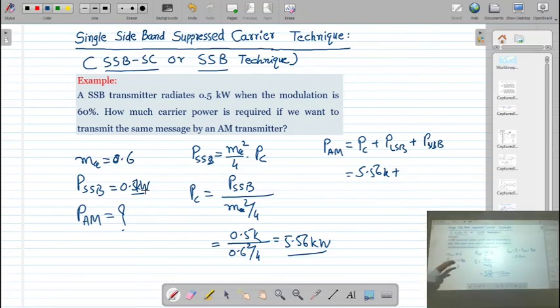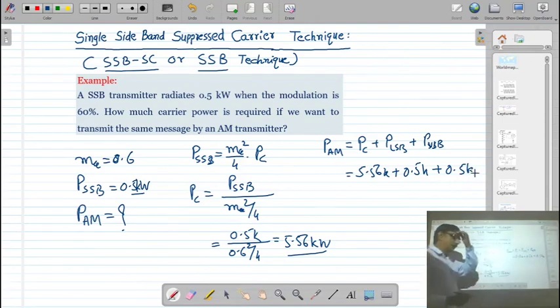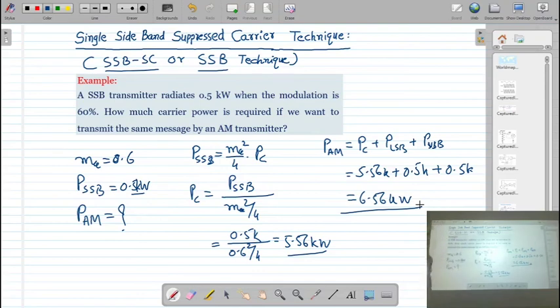It is the power of any one of the sideband frequencies. So it is 0.5 kilowatt, and the power of the other sideband frequency is 0.5. So the actual answer is 6.56 kilowatt power will be there. So if you say SSB, then the power is 0.5. But if you have an amplitude modulated wave, then the power is 6.56 kilowatt.